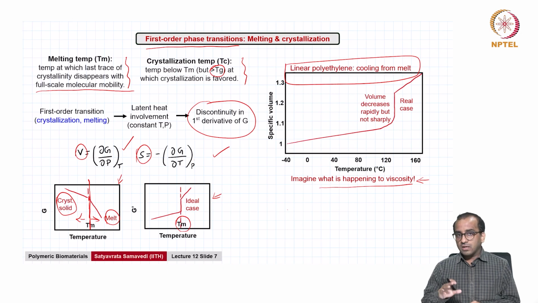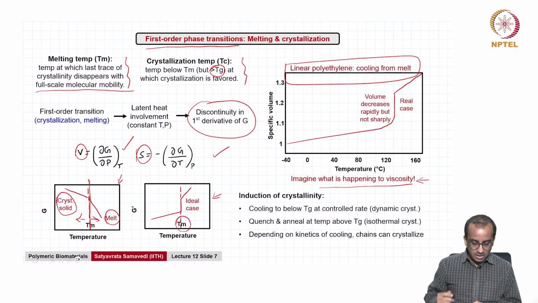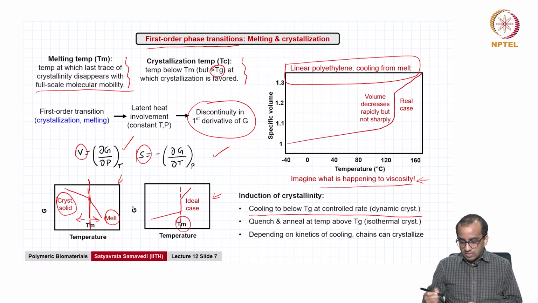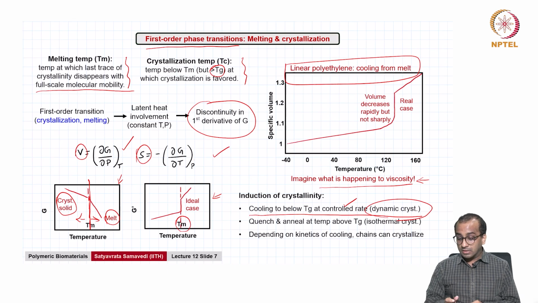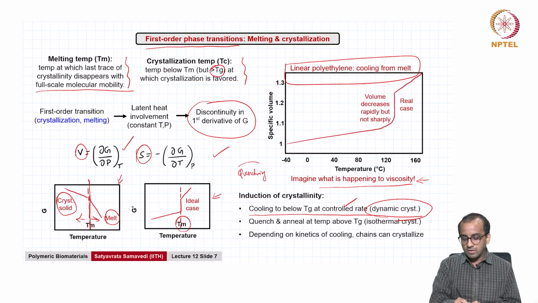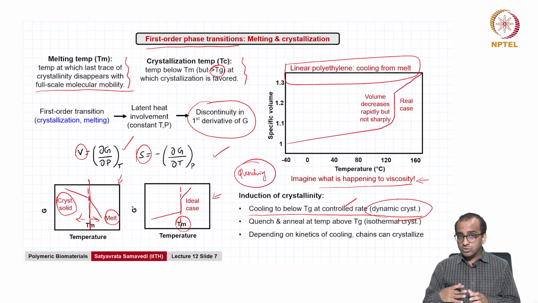Now you can ask, what are the different modes or ways in which one can induce crystallinity? One, we have already seen, you can cool from the melt. You can cool to below the glass transition temperature at a controlled rate, and that is called dynamic crystallization. Now remember that if you cool too fast, which is called quenching, you will get only the amorphous phase, because you have not given enough time for the chains to align and form crystals.